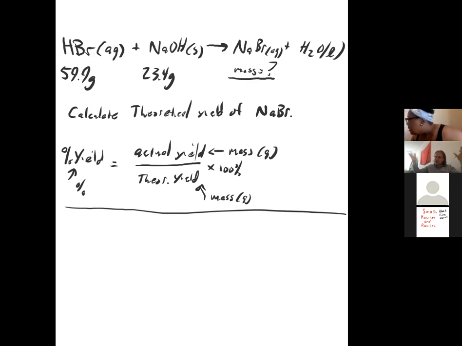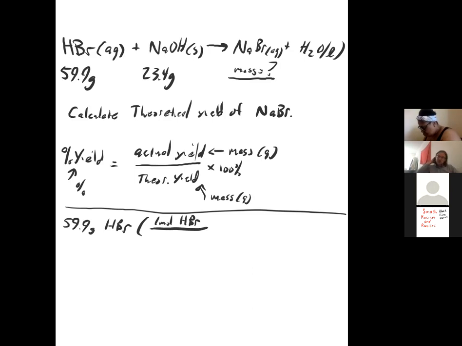Let's make sure everything's balanced. It looks like there's 2 hydrogens on the left and 2 on the right, 1 bromine on either side, and 1 sodium on either side, and 1 oxygen. So it's already balanced. We're good there. So let's start with the first one. 59.9 grams of HBr. Okay? So we've got to divide that by the molar mass.